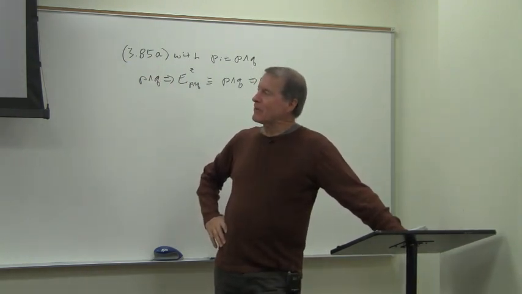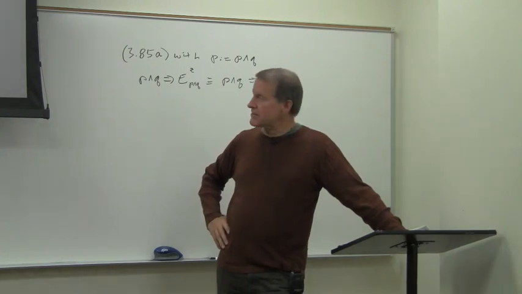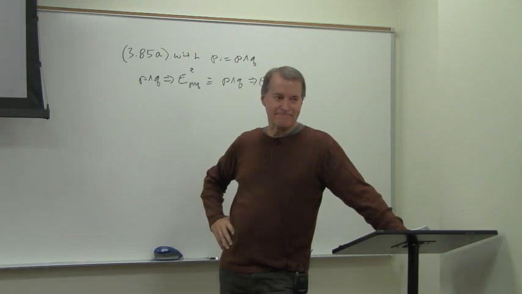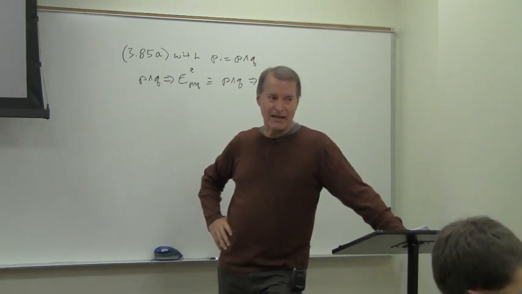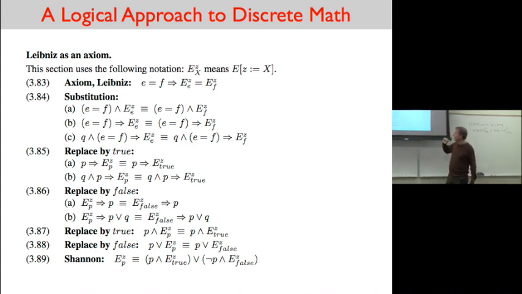Okay, let me give you a hint on 3.85a. What I suggest you do is start with the left-hand side, and you pull a little rabbit out of a hat. I'm talking about proving 3.85a. Look, what does 3.85a look like? P implies P equivalent is true.